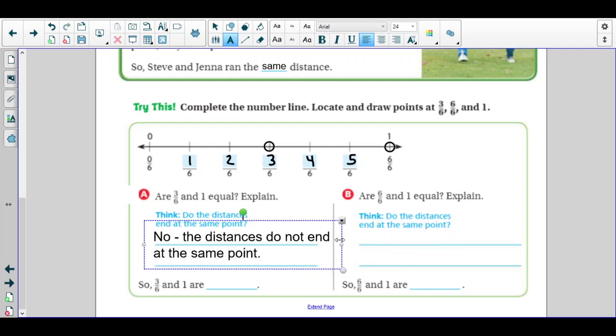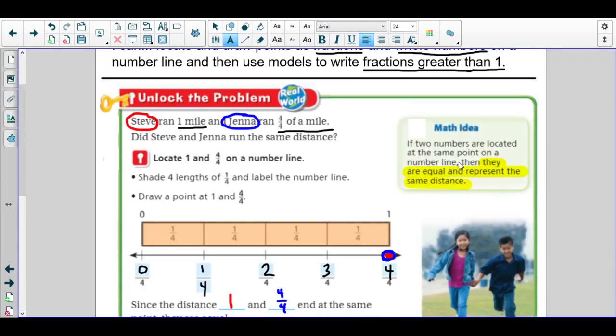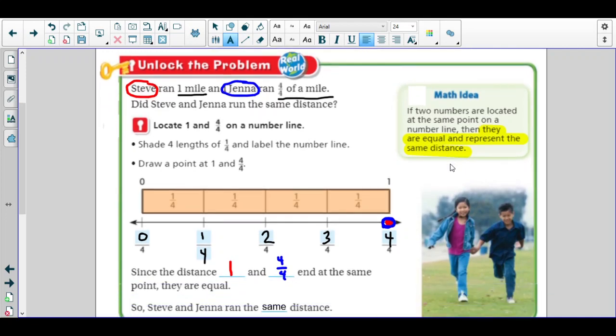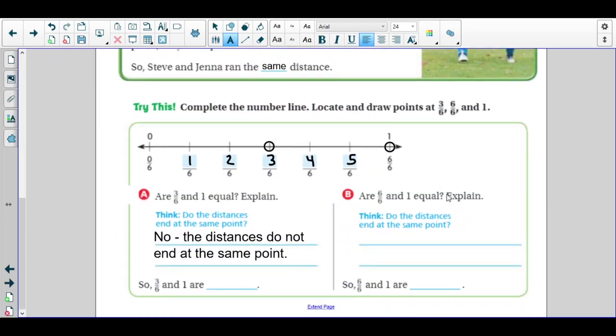Okay, and that takes us right back up to what we saw up here. They are equal and represent the same distance if they are located at the same point. All right, here's 3/6, there is 1. So 3/6 and 1 are not equal.